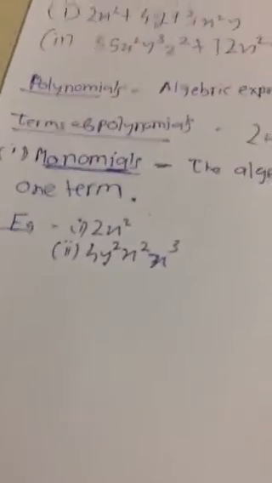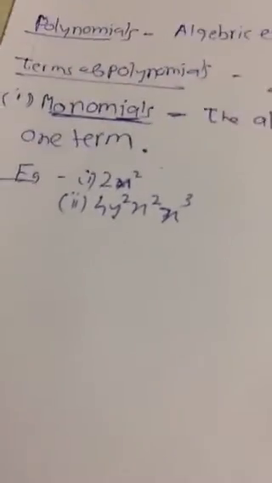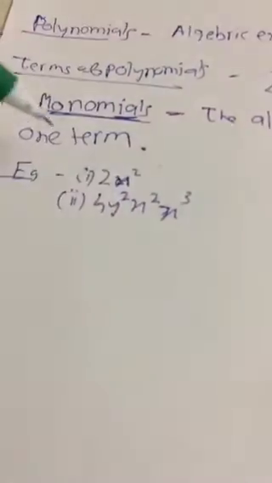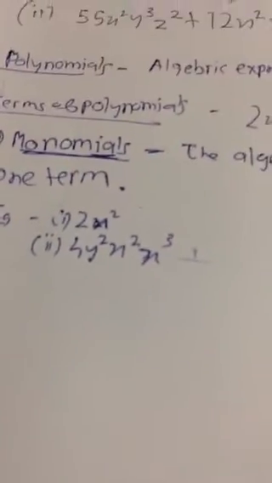Just keep this in mind, that whatever the number of variables in a single expression, that does not matter. For example, even with 3 variables, it is still a monomial, because it does not have any plus or any other term. Whatever the degree of the polynomial or however many variables there are, it does not affect the terms of a polynomial.